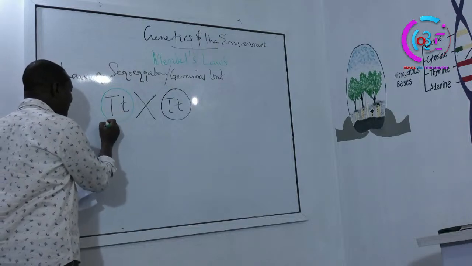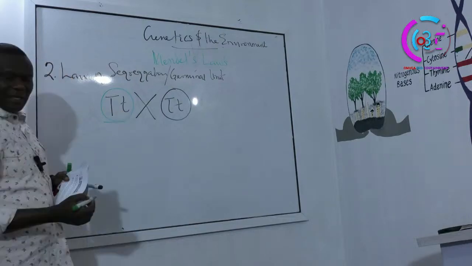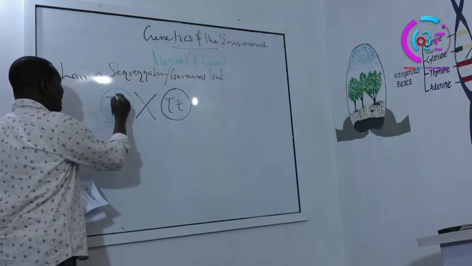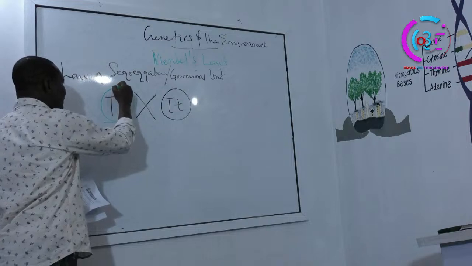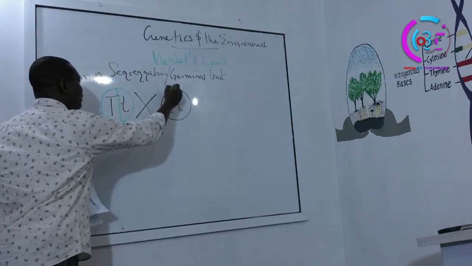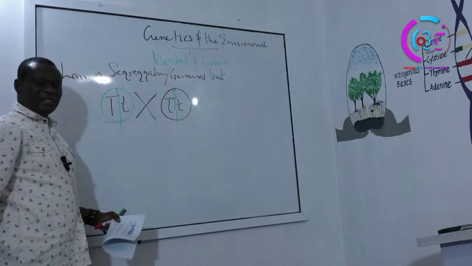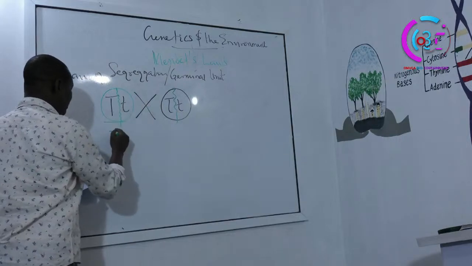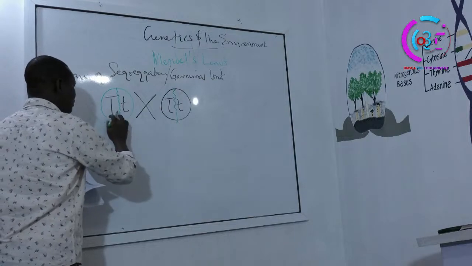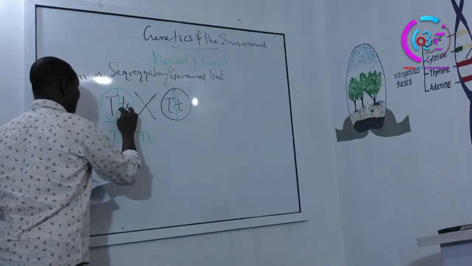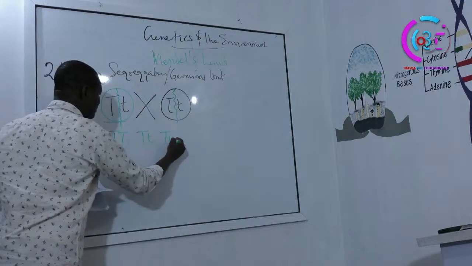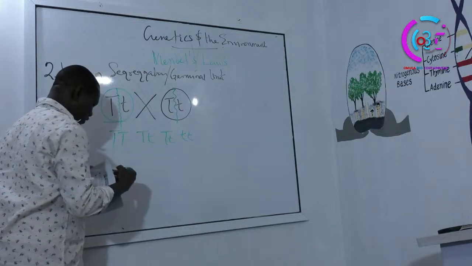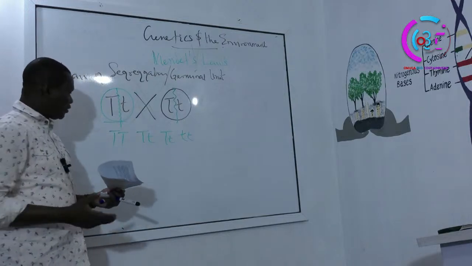What this is saying is that this gamete is going to separate during fertilization, so that you cross this with this, and this with this, and you have this. So this will be regarded as the first filial generation.